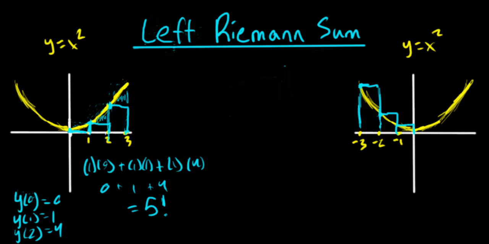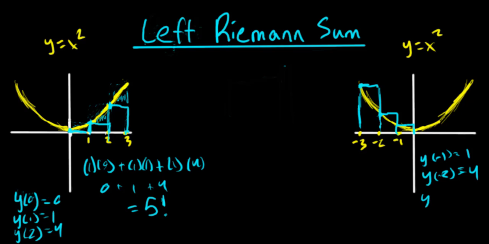Alright, since we've drawn our rectangles now, we can find their lengths. And again, this might seem a little simple to you, but for others who aren't catching on yet, we're going to do this. So our x values are -1, -2, and -3, so we can find all our heights. y at -1 is going to be equal to -1 squared, which is 1. y at -2, if you square that, you're going to get 4.